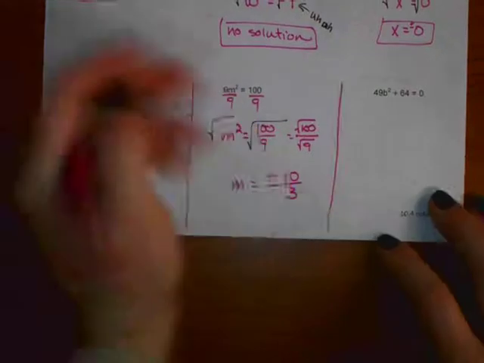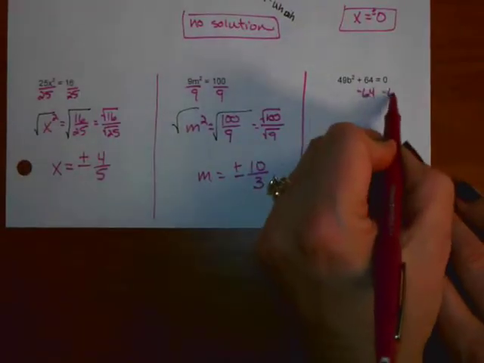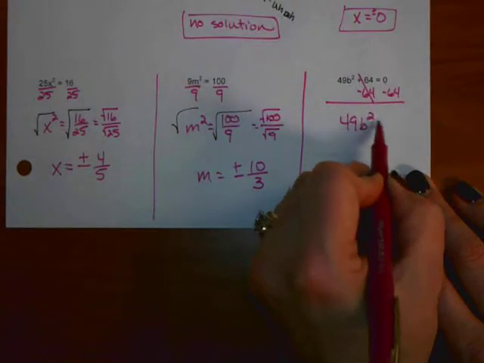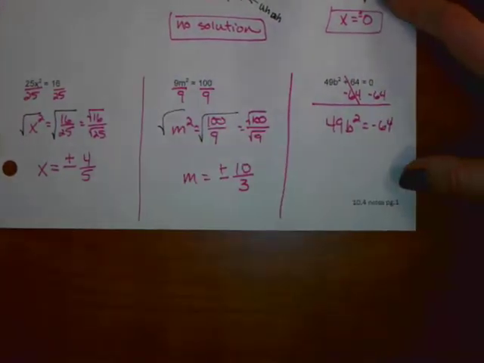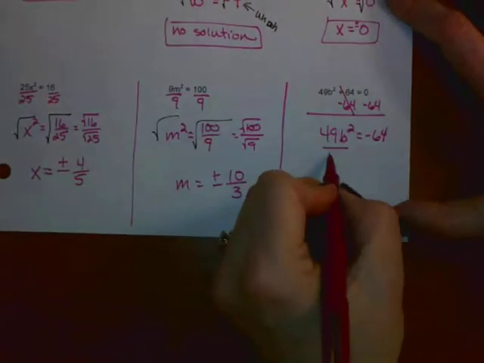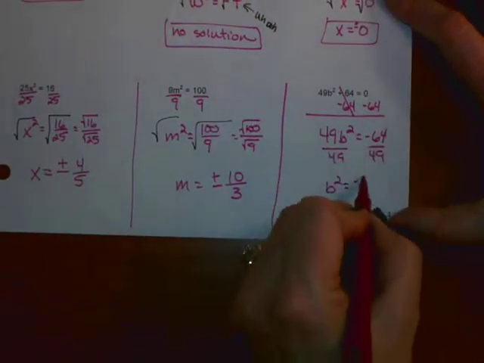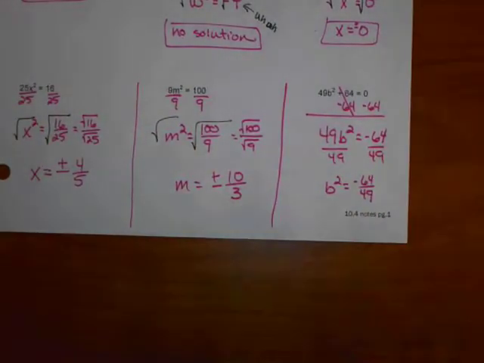All right, let's do this one and see what happens here. Minus 64, minus 64. Anybody seeing a problem already? It's a negative. But if you keep going and you don't see it quite yet, you're going to get to this part right here, and then you have to use the square root to solve.